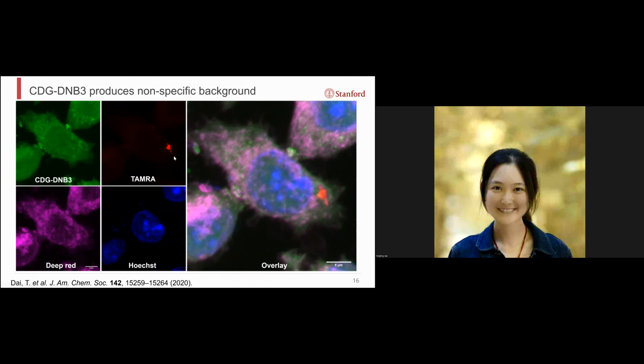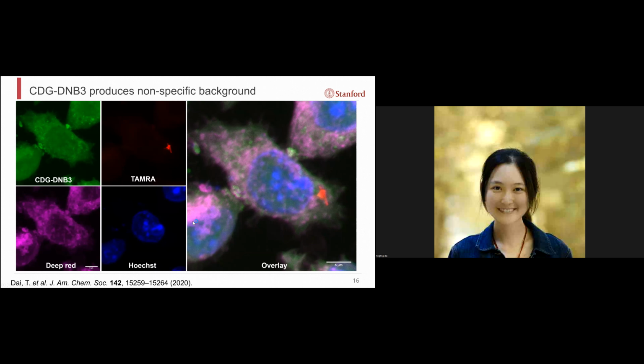As you can see here, the bacteria are labeled in red, and the probe is emitting a green signal. When you incubate both the probe and the bacteria in the macrophages, you can see that it has a lot of non-specific background, and we could not detect the specific signal for the bacteria.